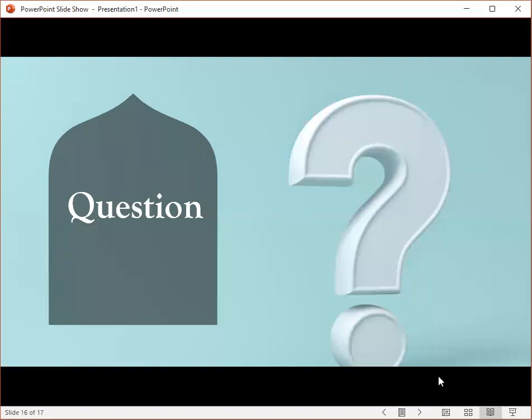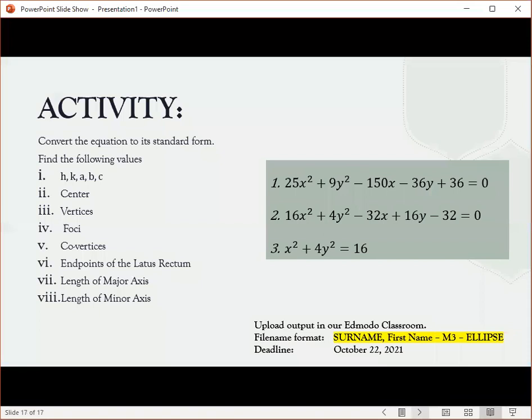Okay, so since there are no more questions and everything is clear regarding the discussion of our ellipse, let's now proceed with your activity for today. So we have here our activity. All you need to do is to convert the given equations 1, 2, and 3 into standard form and identify the following values.